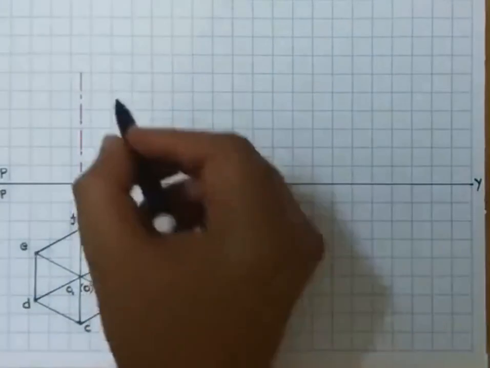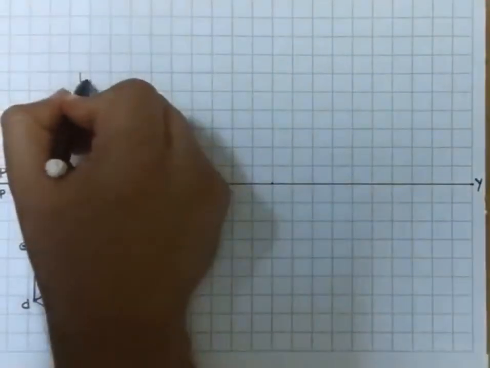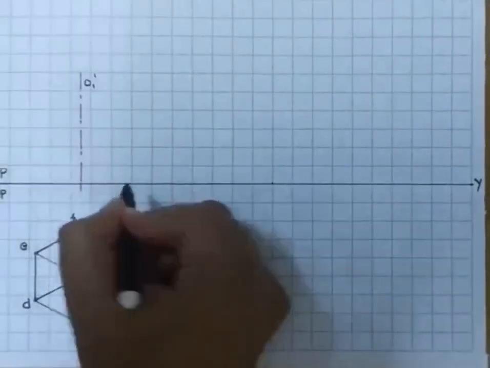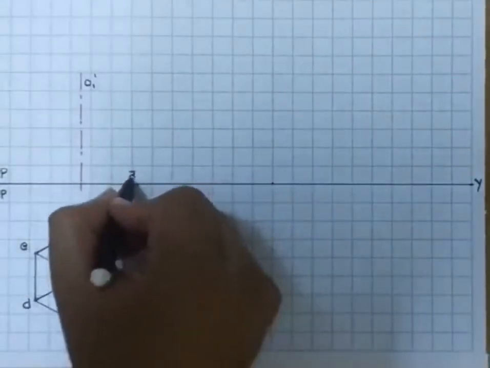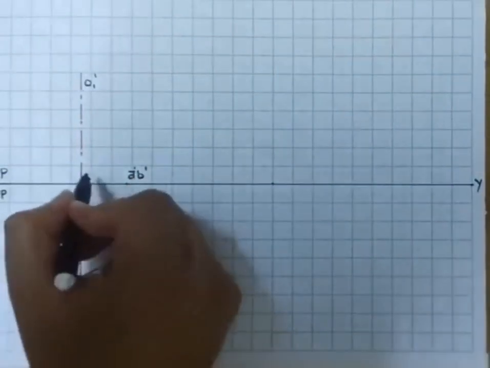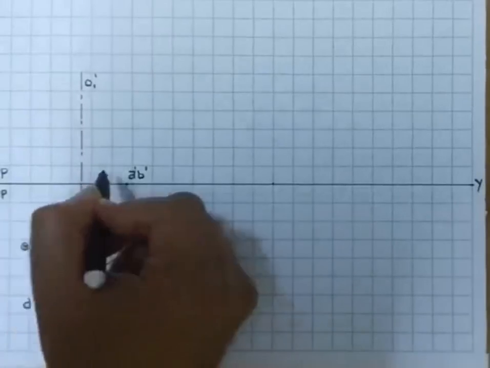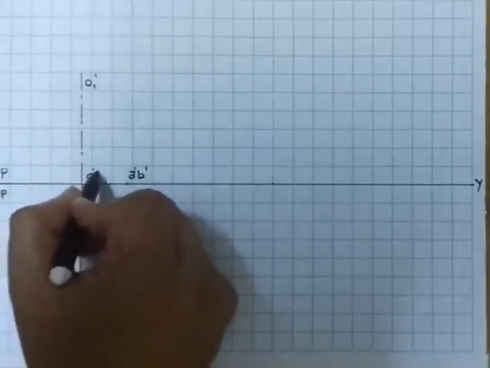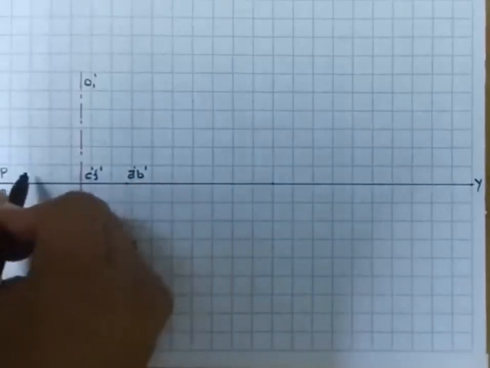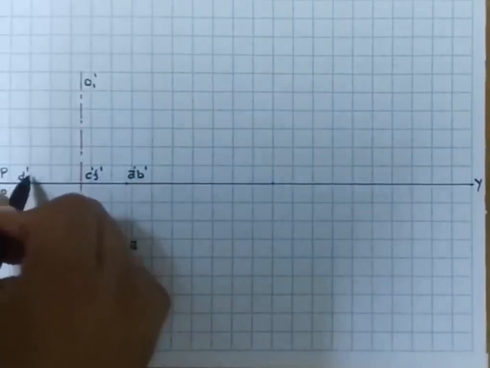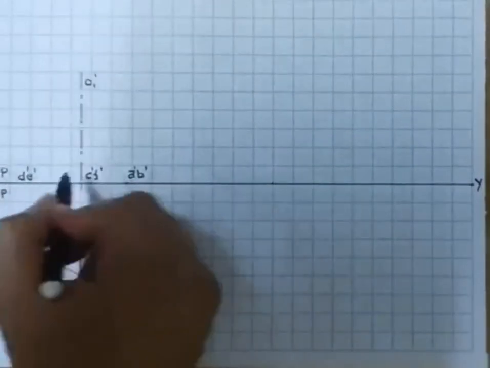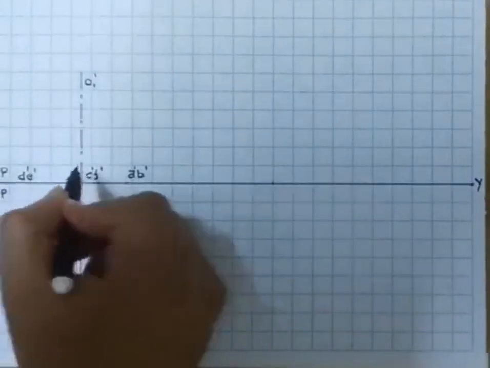I'll show you how. I'll name this as O1 dash, and this is A dash and B dash, and this is C dash and F dash, and this is D dash and E dash, and also mark O dash.